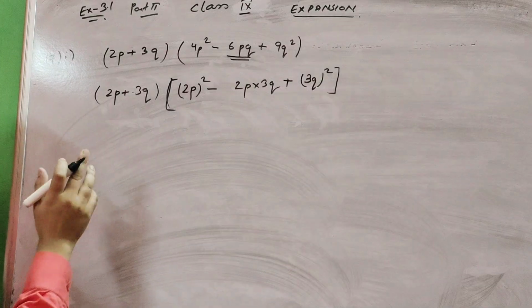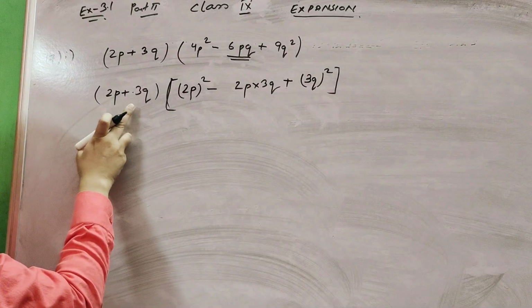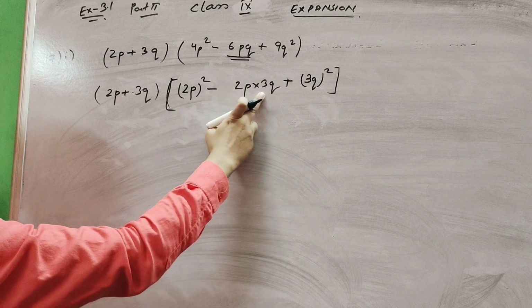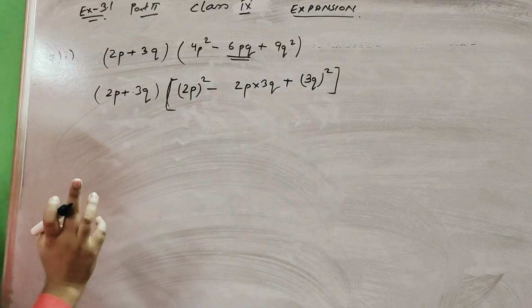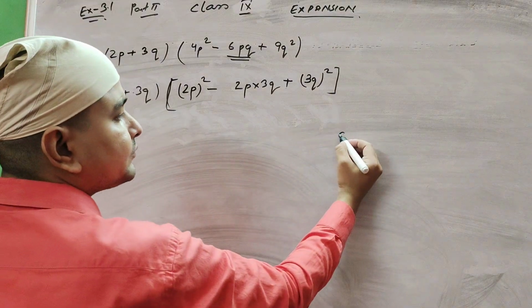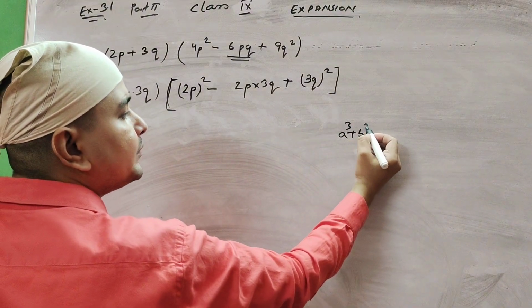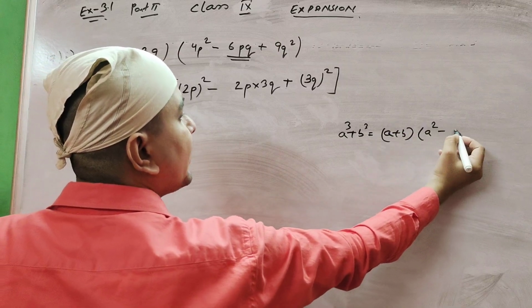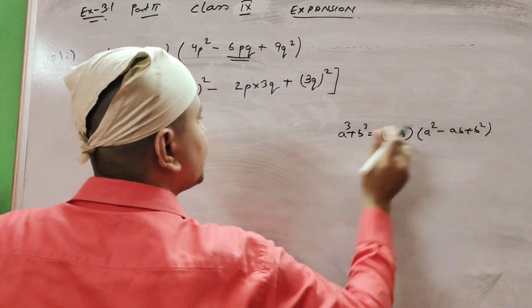Okay, so what we see, it looks like a plus b, a square minus a into b plus b square. We know that the formula for a cube plus b cube is a plus b, a square minus ab plus b square.